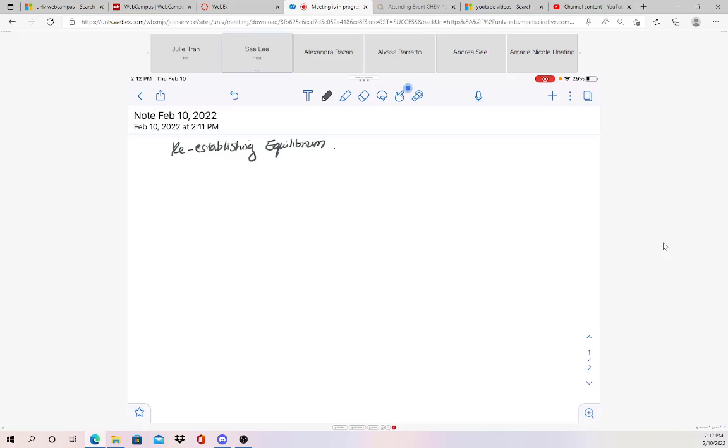It was question number 25. Okay, for this question, you had this equilibrium balance equation.